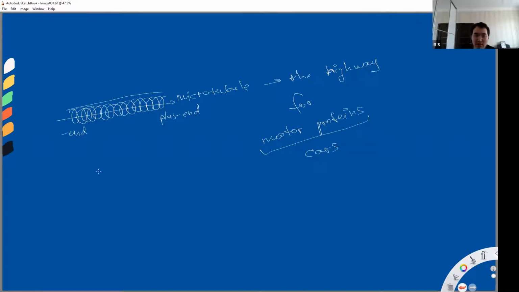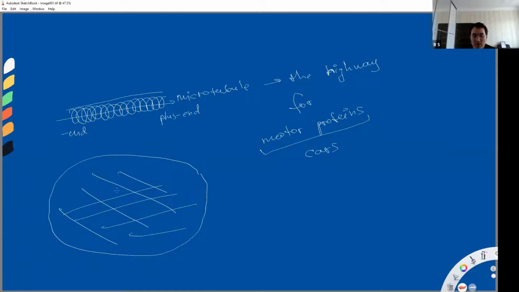And since we have a lot of these microtubules inside the cell, this will mean that, for example, we have a mitochondria here, and it is attached to this motor protein, and it starts moving, and we need to get it here, for example, in this place.